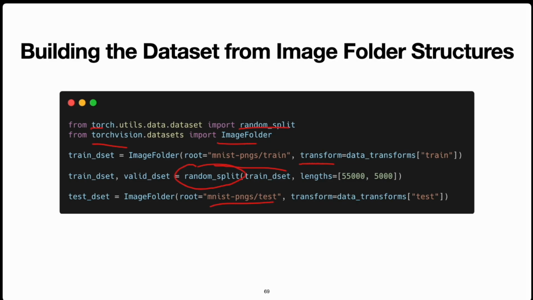It was just training and test sets. So what we are doing here is splitting the 60,000 examples. MNIST has 60,000 training examples. We are splitting them into 55,000 new training examples and 5,000 validation set examples. So now we have a training set, a validation dataset, and a test dataset.